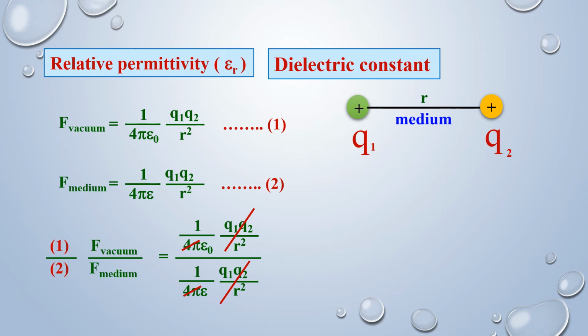As you can see, I can cancel 4 pi in both the expressions as well as Q1 Q2 and r squared. You are only now left with 1 upon epsilon naught divided by 1 upon epsilon, which further gives you an expression written as epsilon upon epsilon naught. Hence you get an expression for force in vacuum divided by force in medium given as epsilon upon epsilon naught.